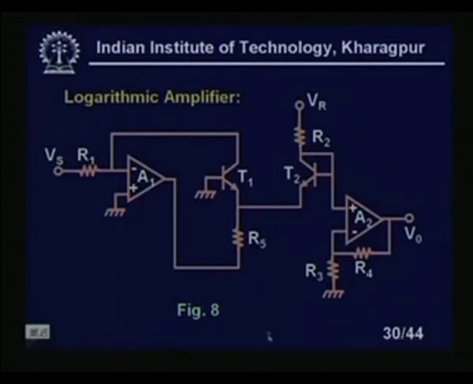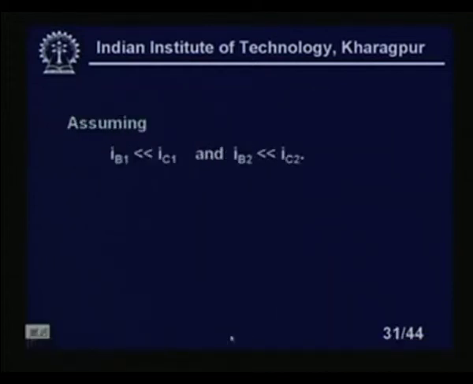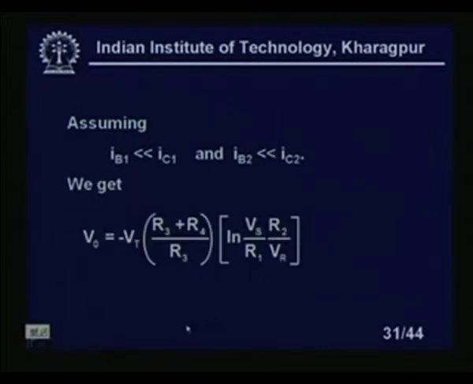If I make the circuit analysis, you see here, assuming that IB1 is much less than IC1, which is quite obvious in all cases of transistors, and in transistor 2 also the base current IB2 is much less than the collector current, we get V0 equal to minus Vt (R3 plus R4) by R3, natural log of Vs by R1 into R2 by Vr.